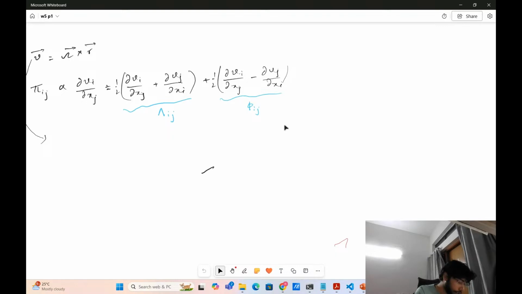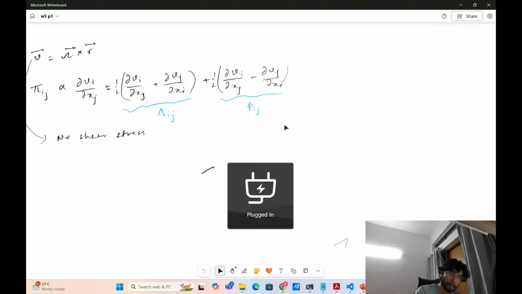In case of solid body rotation, since all the fluid particles are moving with the same angular velocity, there is no shear stress, right? So we would like to see what will happen.